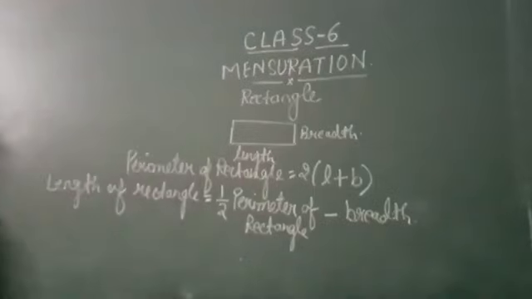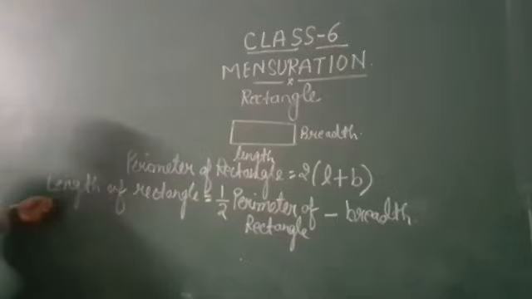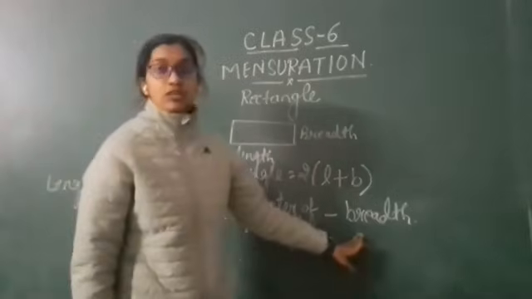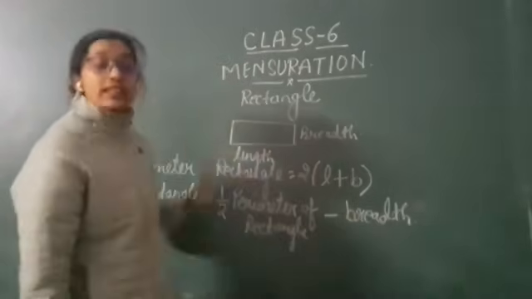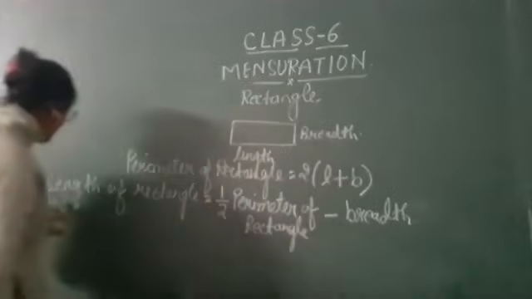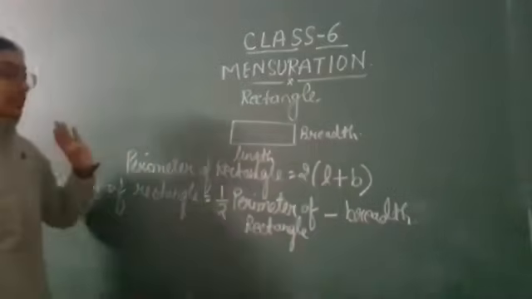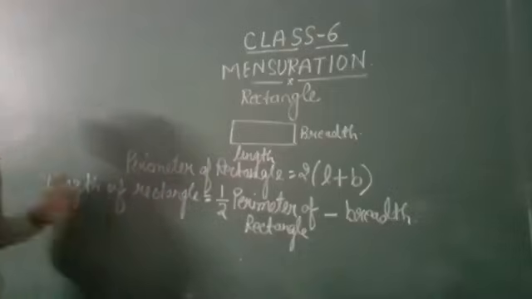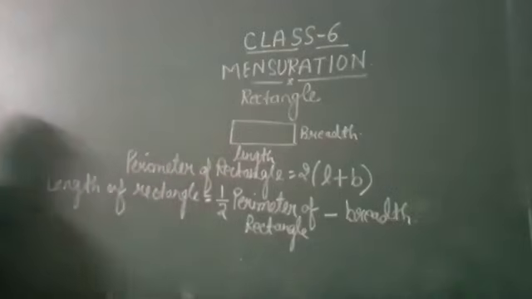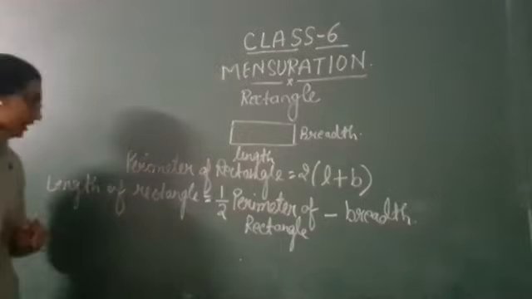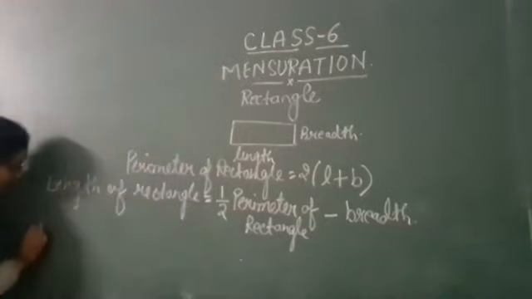Write it down. Then we have to talk about the breadth. If we know how to find the length of a rectangle, then there is one more formula related to the breadth. Only the replacement will be there: in place of length it will be breadth, and in place of breadth it will be length. So by these formulas, we can find the perimeter, length and breadth of a rectangle.